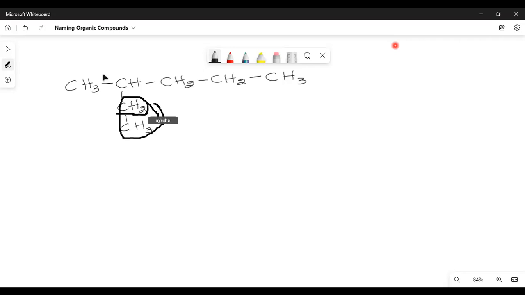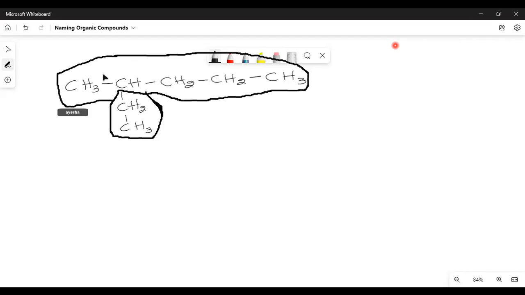Like sectionally divided? No, no, it's the whole thing, of course. But remember, you need to pick the chain with the maximum number of carbon atoms as the parent chain. And then the rest of it would become the branch, just like I told you yesterday.